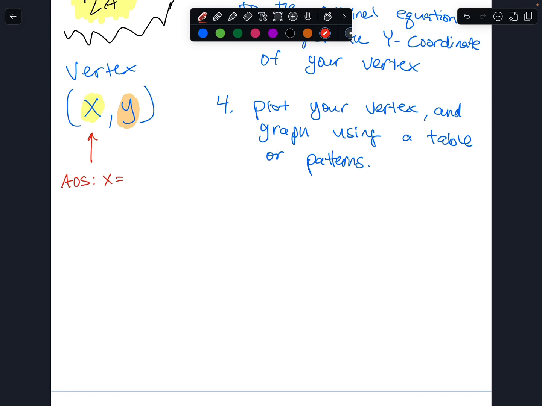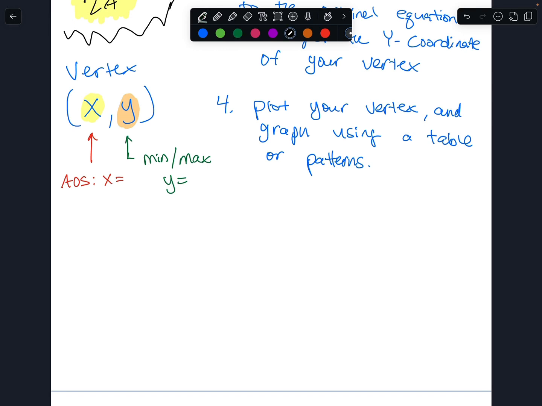The y right here is going to be your minimum or maximum at y equals, and it will depend if it opened up or down. So you have your vertex, your axis of symmetry is already located, and your minimum or maximum is already located. Okay. And we'll do some more of that in a minute.